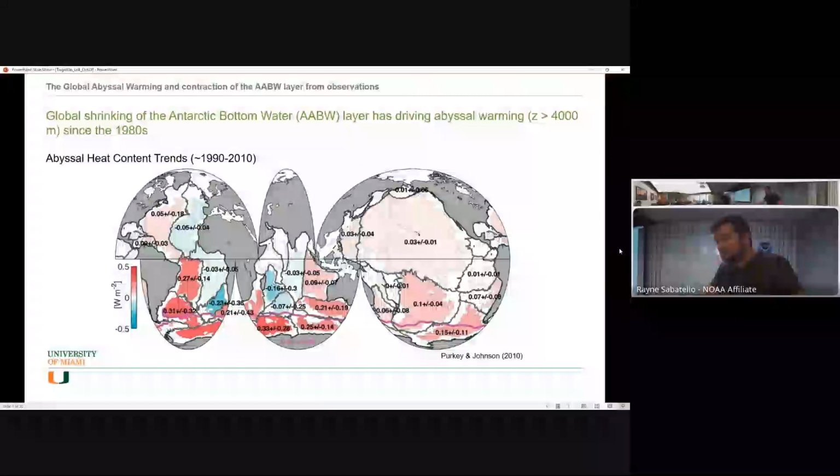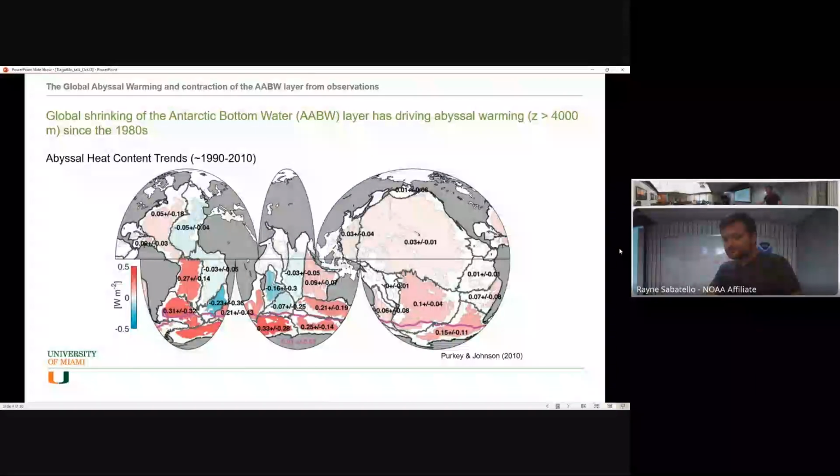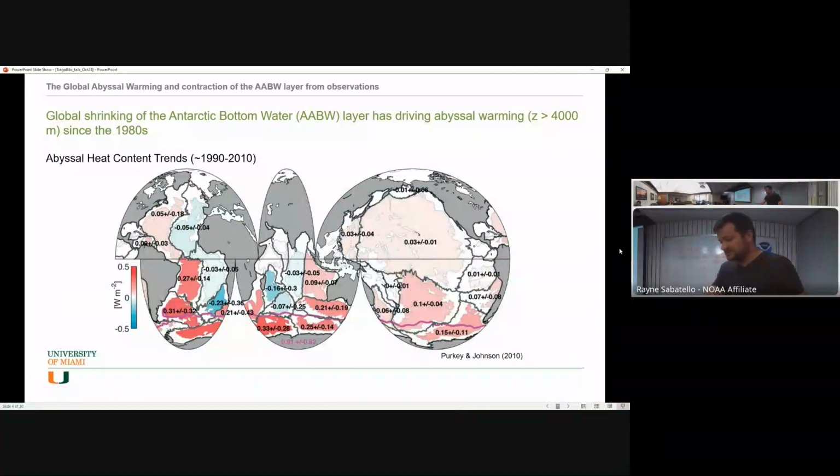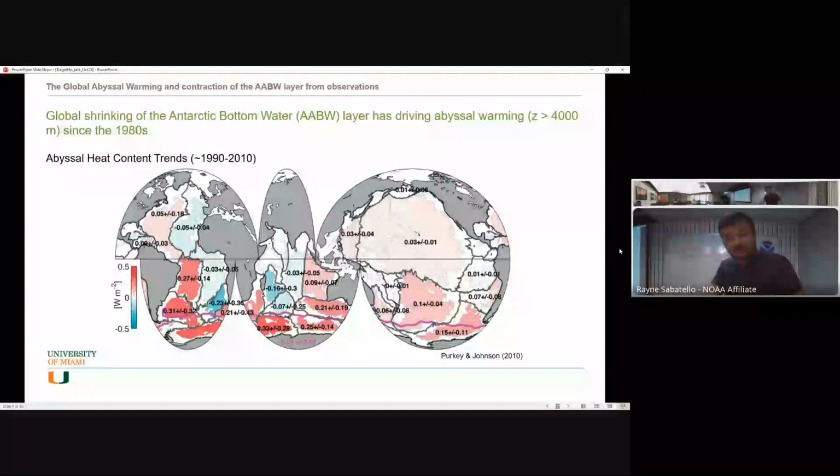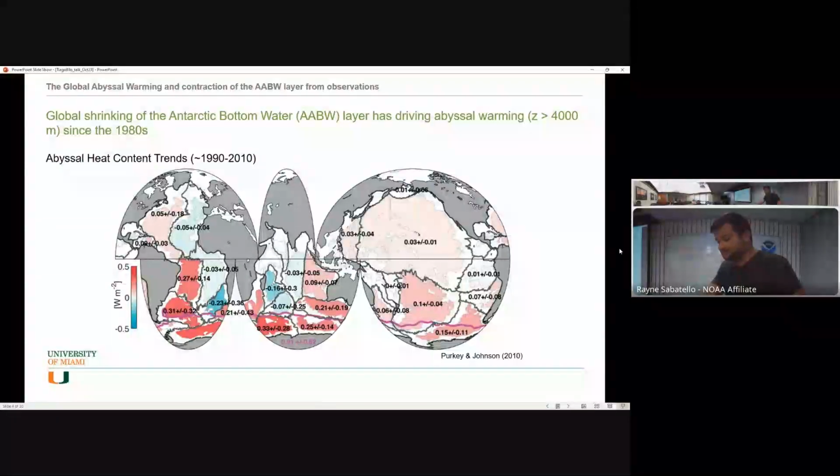If you try to track the properties in the abyssal ocean globally, this is a figure from Purkey and Johnson in 2010, one of the nicest figures I could find about it. If you track the ocean heat content below 4,000 meters or so since the 80s, most of the global ocean has been warming.